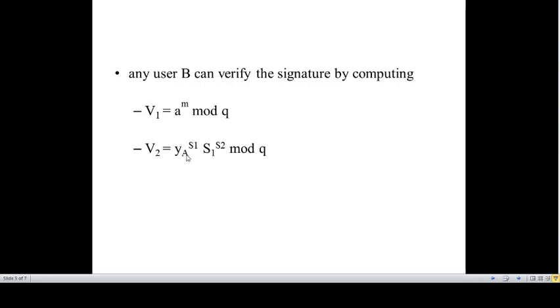So YA is the public key, S1 is the first piece of the signature that he has received. Then S1 raised to S2, that is the first piece of signature raised to the second piece of signature, mod Q. If you calculate this V1 and V2 and the values are the same, if they match, then only you can say that the signature is valid, right?